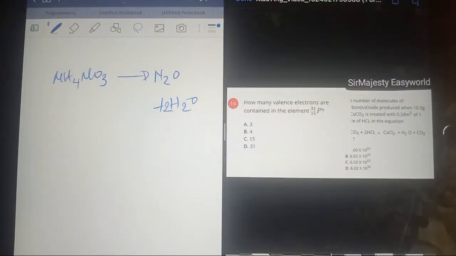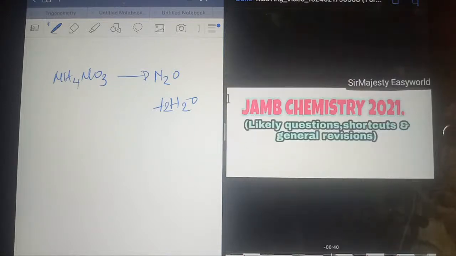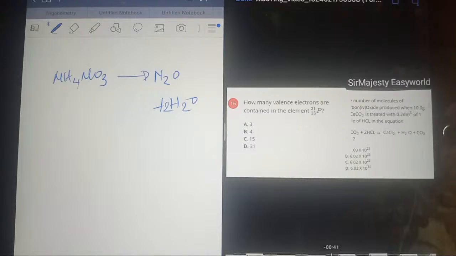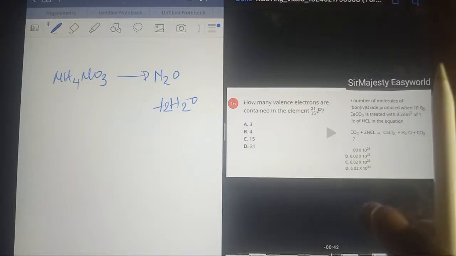Okay. The other one says, oh my God, it's covered. Let me check if I can find it from here. That should probably be question 17. Have patience, let me look for it here.